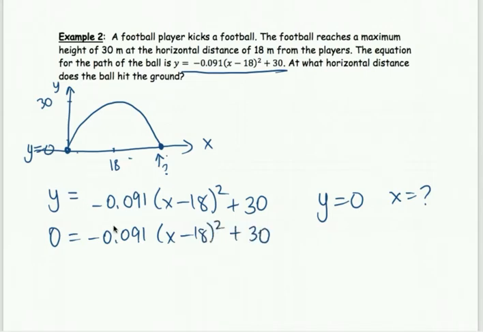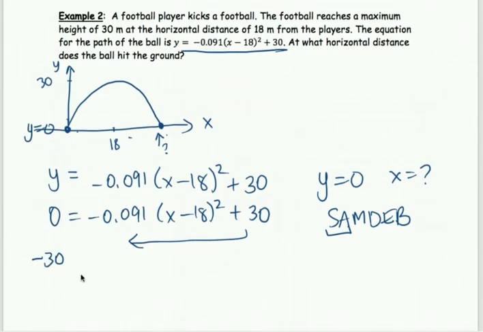Same thing again, you use SAMDEB. We're going to move the 30 first, so anything added or subtracted moves first. It's plus 30, so it becomes minus 30 over here.